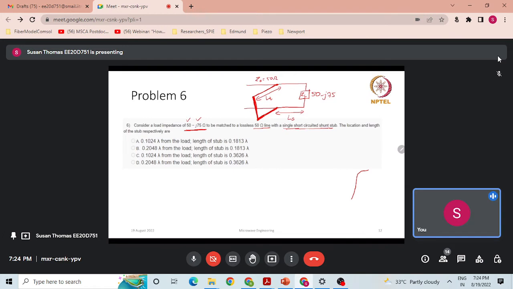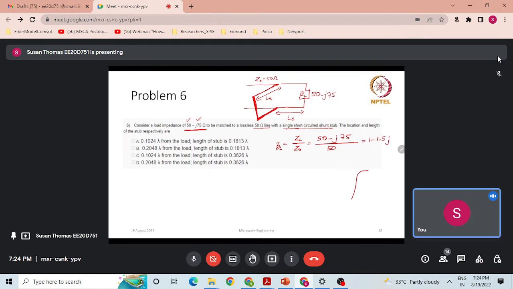I hope you remember the concept of normalized load impedance. Whenever you have a load impedance, to normalize that, what do we do? ZL by Z0. So here it is 50 minus j75 divided by 50. This is the normalized impedance, and it turns out to be 1 minus 1.5j.